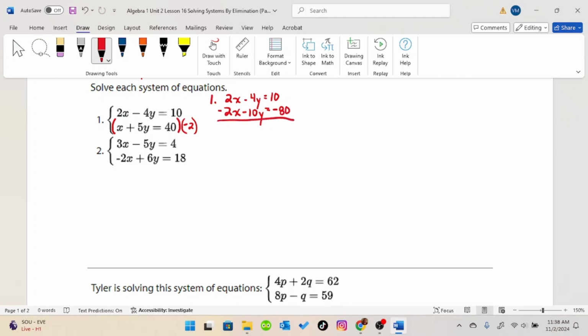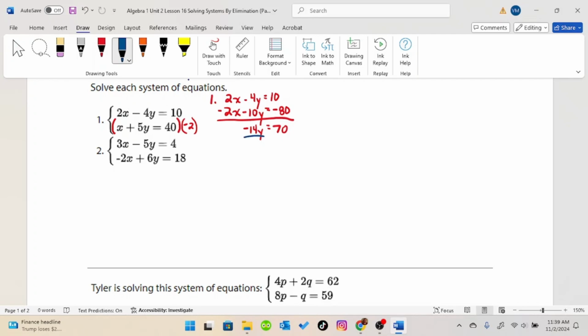Now, if I add these two together, 2x minus 2x is 0, so that goes away. Negative 4y minus 10y becomes negative 14y. And 10 minus 80 becomes negative 70.